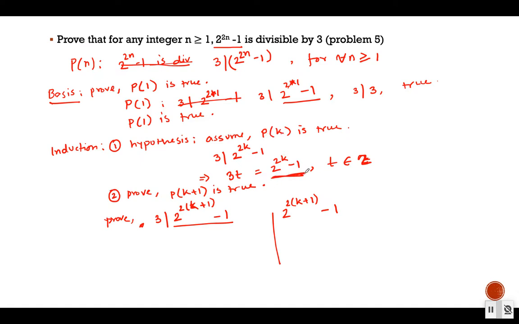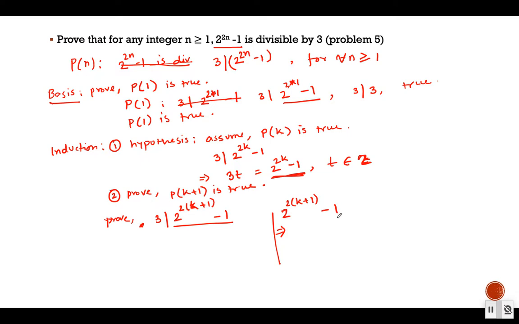To prove P(k+1), we have to deduce this form into something where we can use our hypothesis. Let's see how we can do that.